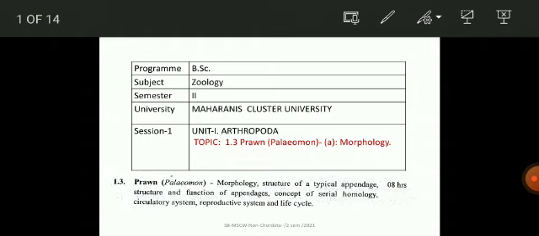So along with this morphology, I am going to handle the structure of typical appendage in prawn, different appendages of prawn and their functions, and the concept of serial homology and the reproductive system and development in Palemon species.